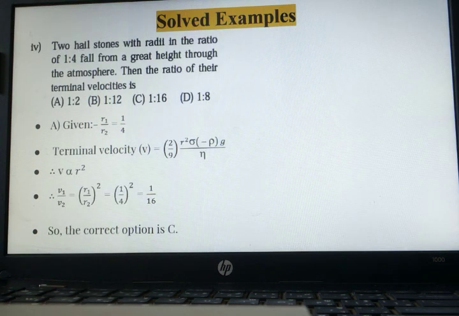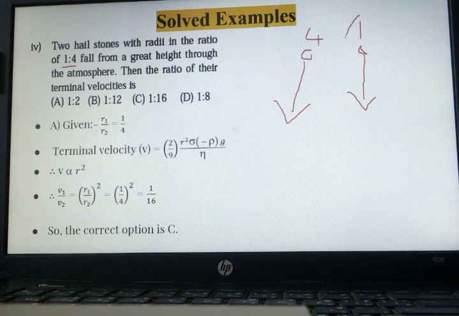Fourth one: two hailstones with radii in the ratio 1:4 fall from a great height through the atmosphere. Find the ratio of the terminal velocities. Imagine a hailstone is falling through the air. The ratio of the radii of the hailstones is 1:4.